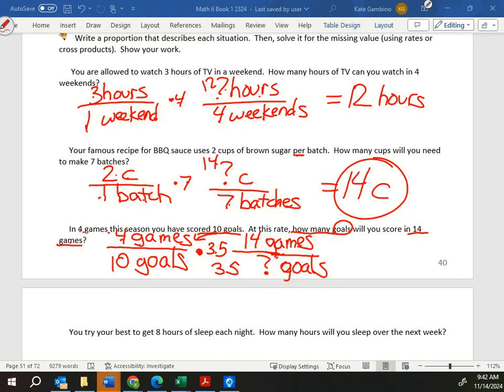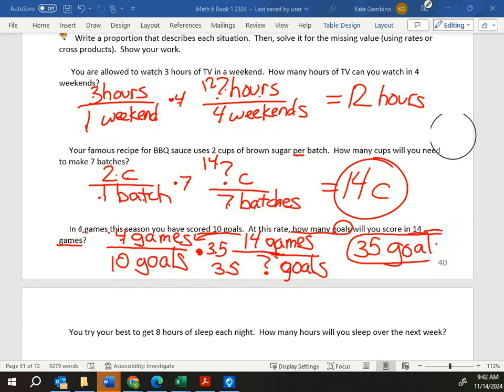So I know that it's going to be 35 goals, because I multiplied that 10 by 3.5. Does that make sense? If you don't know off the top of your head what to multiply up with, you divide down. And it'll get you what that scale factor is to multiply by. So then you multiply your other number by that same number.